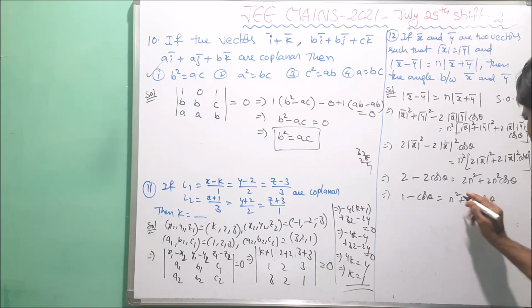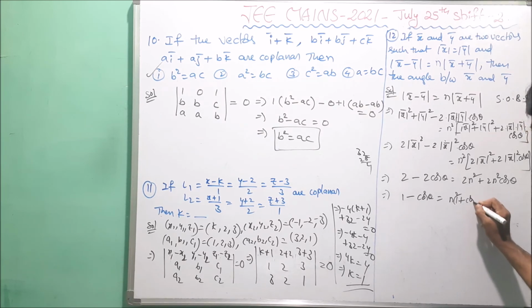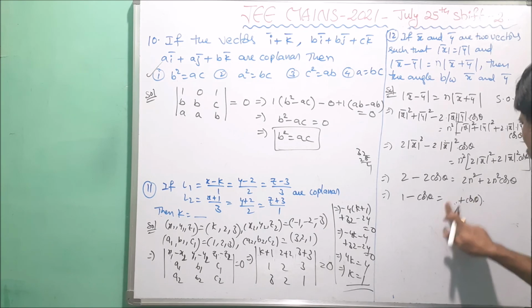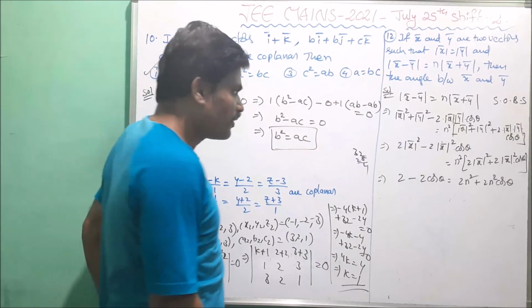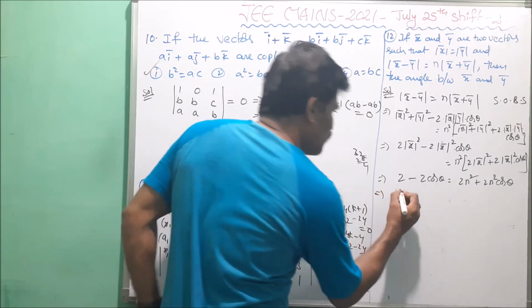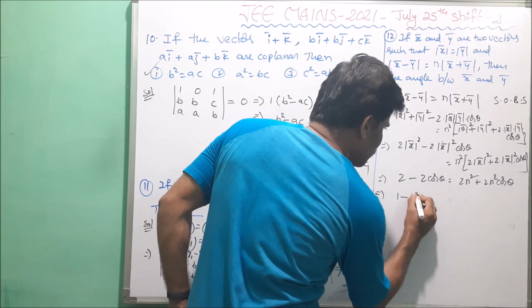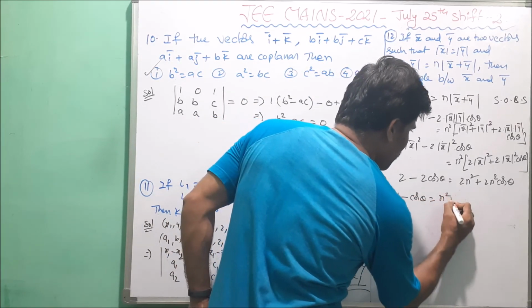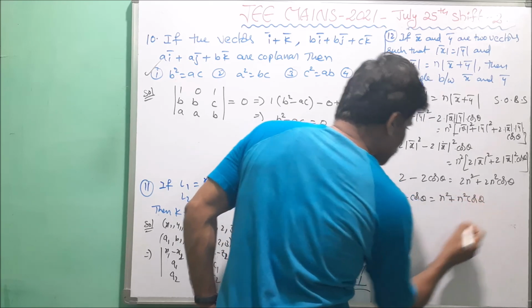Now we write n square into 1 plus cos theta. So in that we write 1 minus cos theta equal to n square plus n square cos theta.